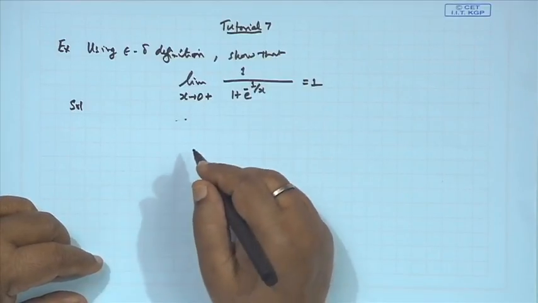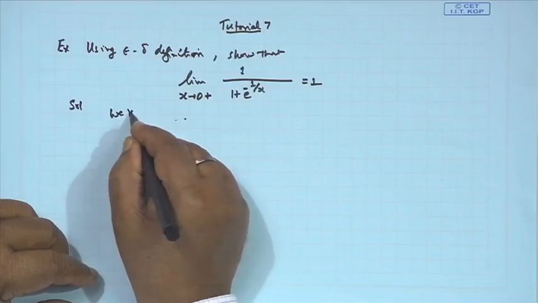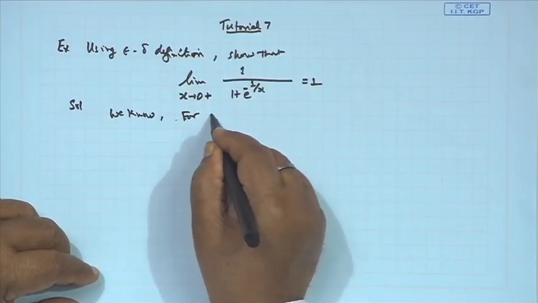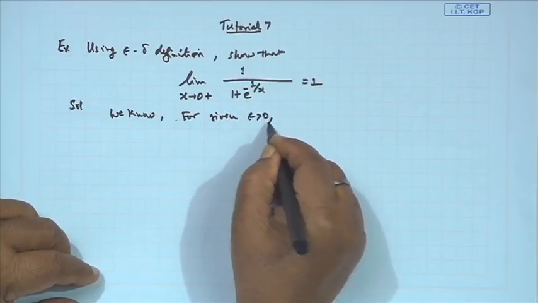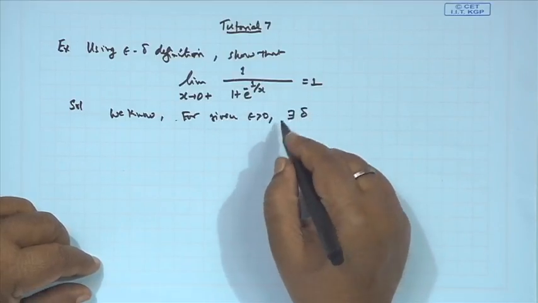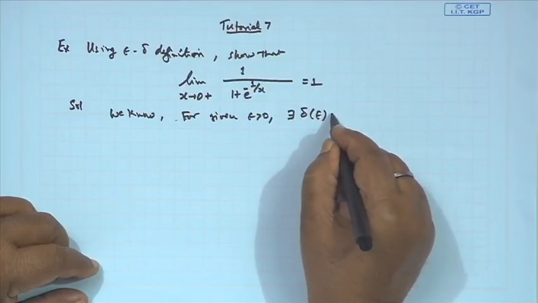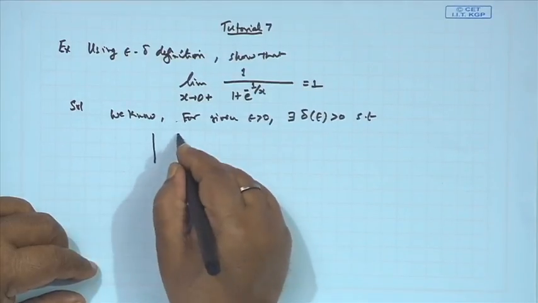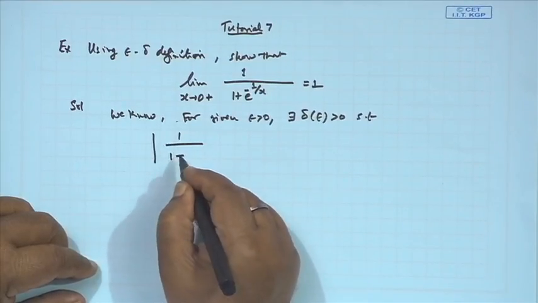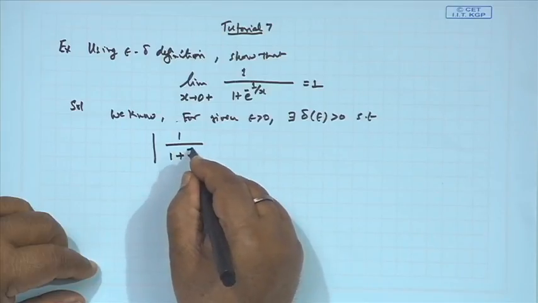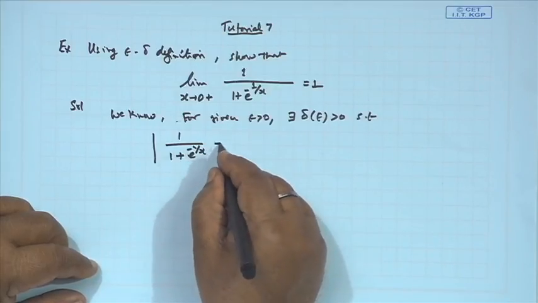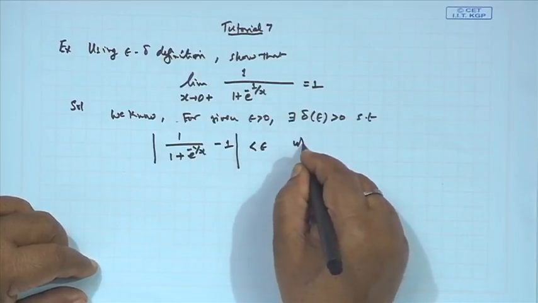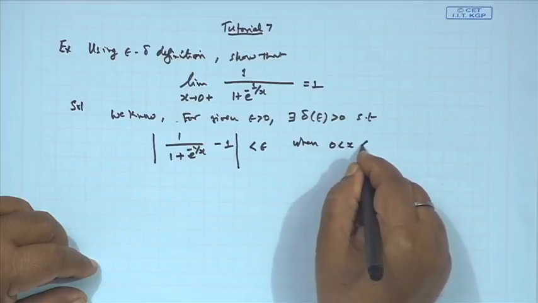Now, using the epsilon delta definition, we know that if the limit is L, then for a given epsilon greater than 0, there exists a delta which depends on epsilon, a positive number, such that the function f(x), that is 1 over 1 plus e to the power minus 1 by x, minus 1, can be made less than epsilon whenever x lies within delta.